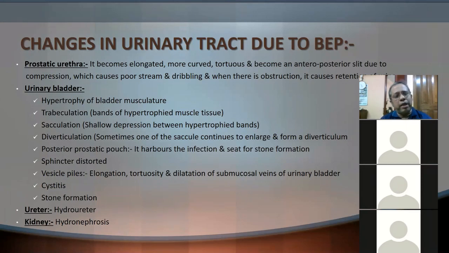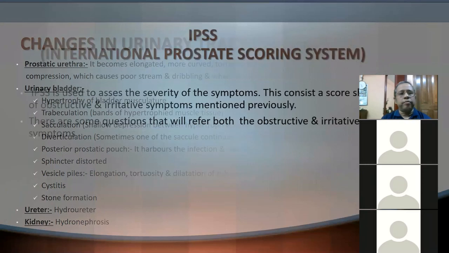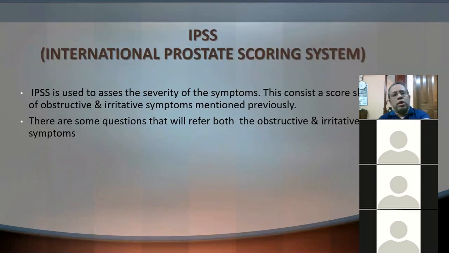And that back pressure goes up to the renal pelvis and calyces, which causes dilatation of the ureter, pelvis and calyces, and ultimately the patient may develop a hydronephrotic kidney also. And if it is untreated for a long time, the patient may develop end-stage renal failure. It may develop very late. So these are about BPH.